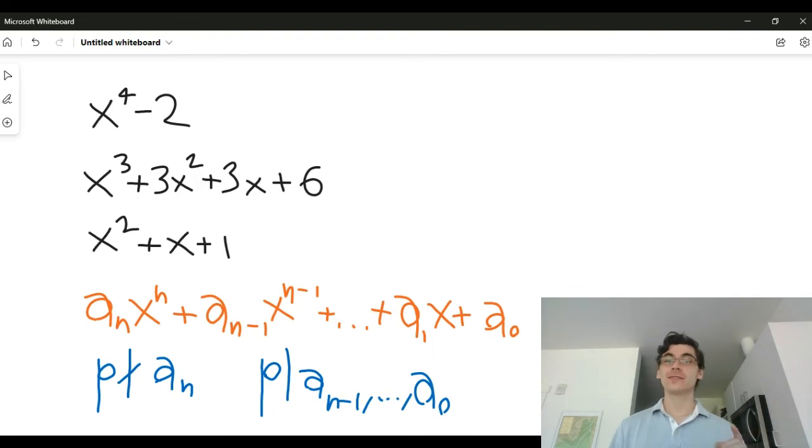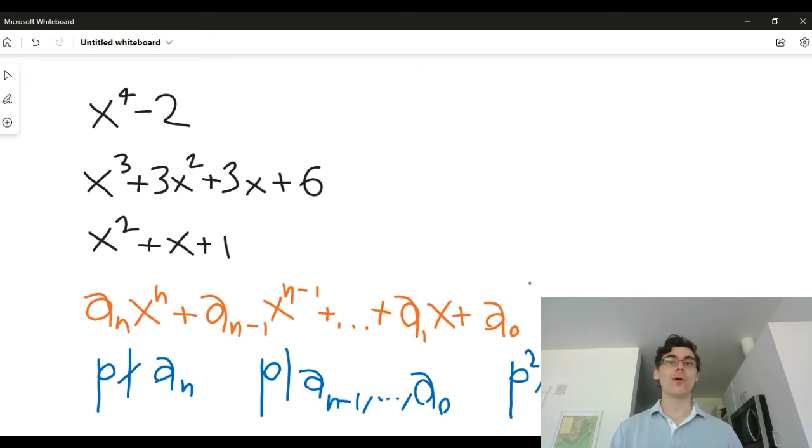And then the last, maybe most important piece is that we want to assume that p squared does not divide a_0. So this is a slightly complicated condition. You want p to divide all of these coefficients, so you want it to divide everything except the leading coefficient.